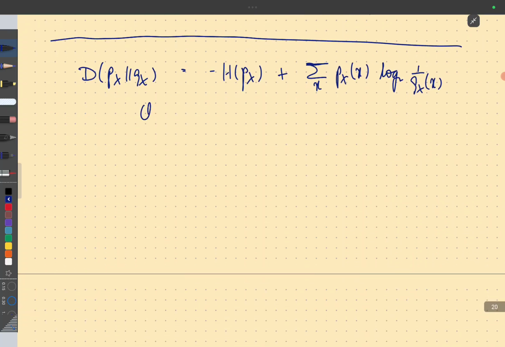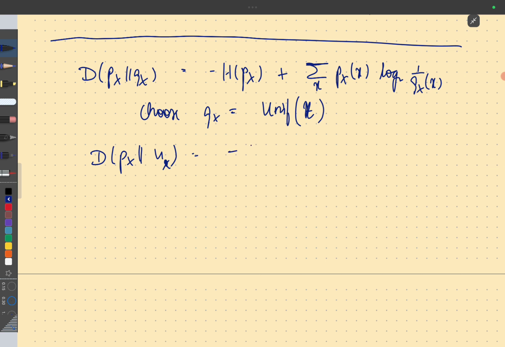So let's choose Q(x) to be uniform over the alphabet X. So D(P||U), where U is the uniform distribution, is equal to minus H(P) plus, what do you get?